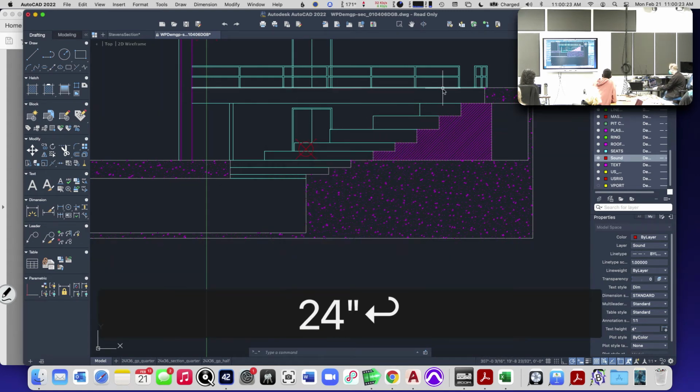There we go. Okay, so I'll put a point there. I will put a point here. And I will put a point there. And let me just plot those down onto the ground plan view.